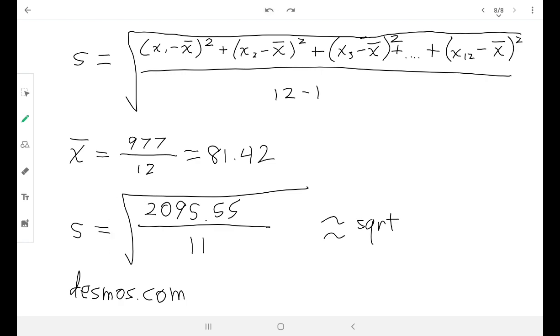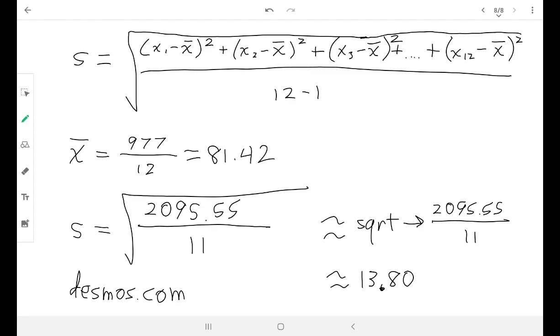And then after that, I'm going to do a fraction, this divided by this, and that's all going to go right inside that square root. So 2095.55 divided by 11 gives me approximately 13.80. That 0 is important, by the way. 13.80 as my standard deviation. Okay?